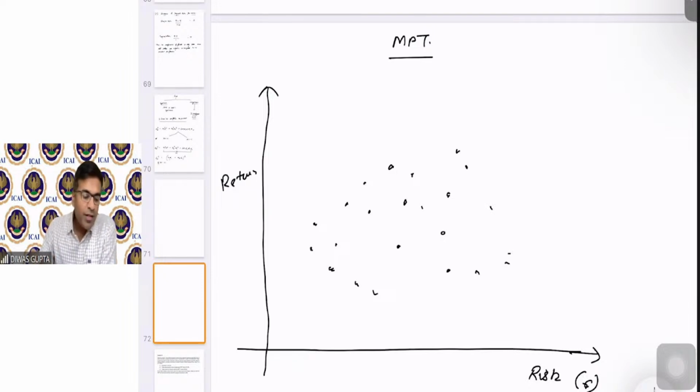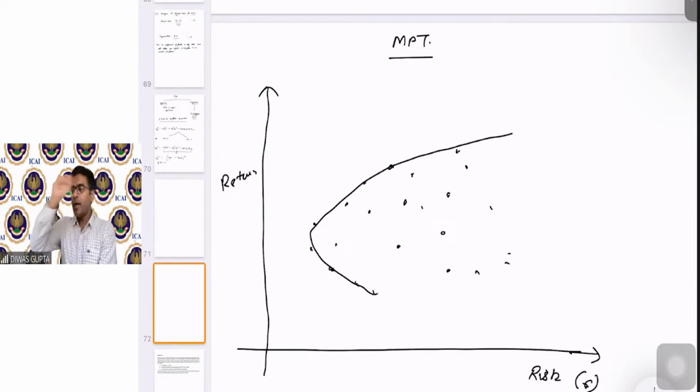So what Markowitz portfolio theory says is that there will be this kind of an arc that will be formed, which is the outer arc, right? And these will all be the efficient portfolios.